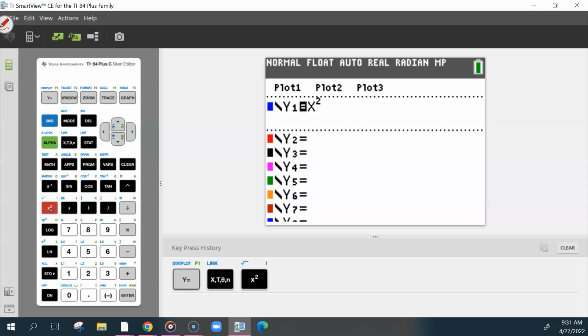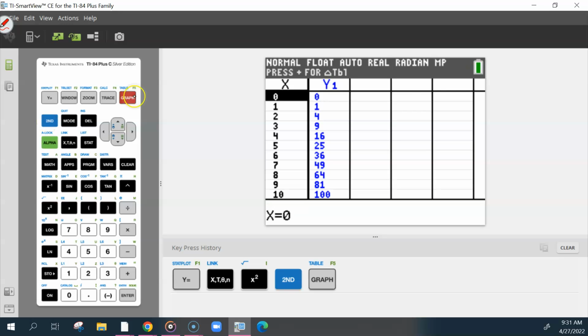Because if you just hit X squared, you won't get an X. And then once you have that in, you're going to go into your table, second graph. And you're going to find the points you put in your X's, -2, -1, 0, 1, 2.